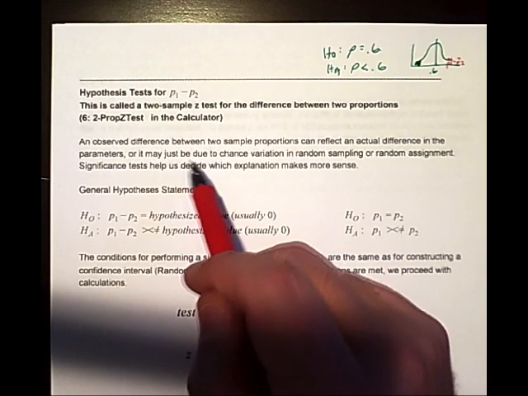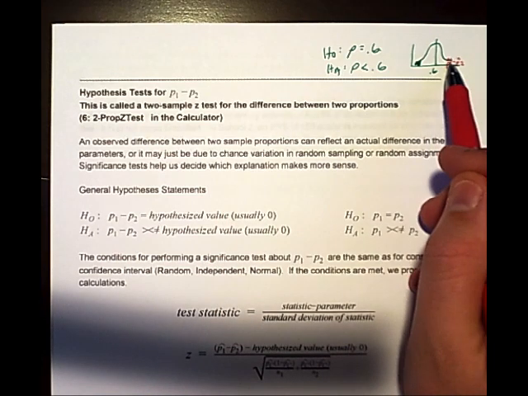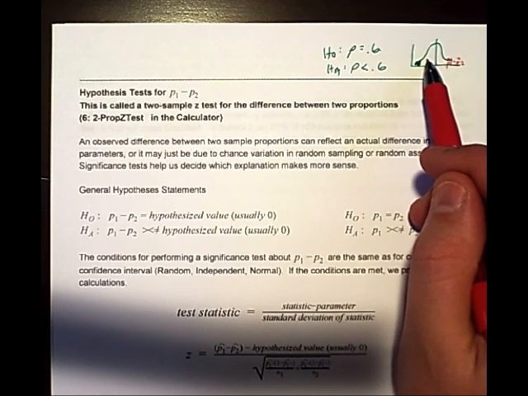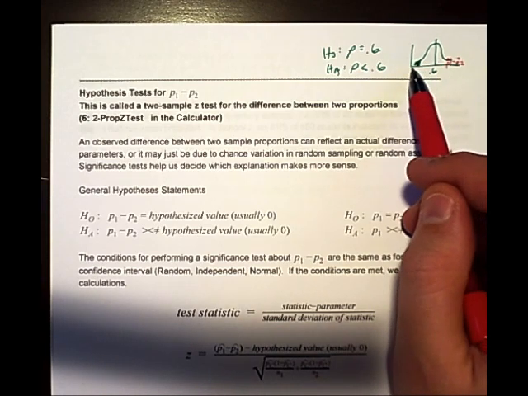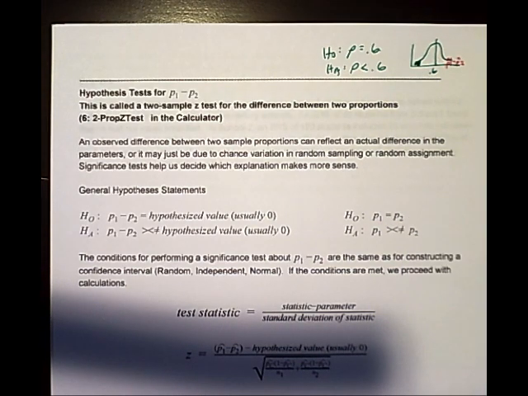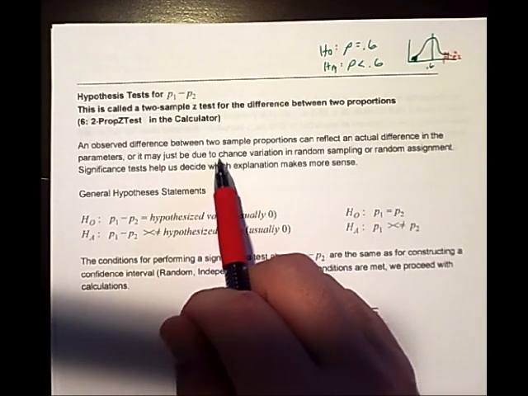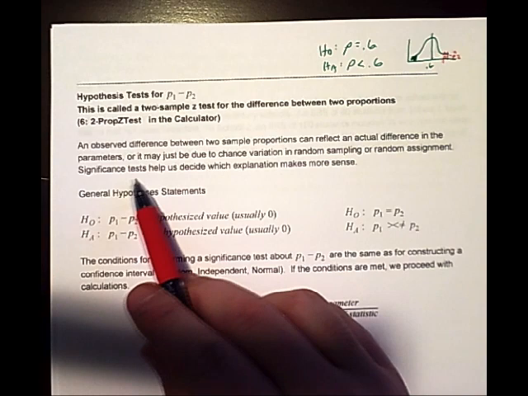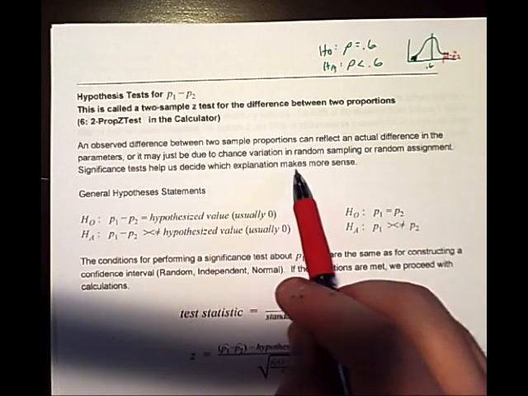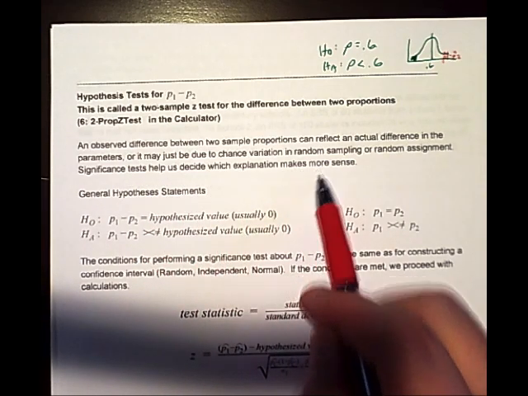Or it may just be due to chance. There's variability. Each one of these p-hat 1s minus p-hat 2s, they're variable. They go all over this curve. All right, so that's why it says, or it may just be due to chance variation in random sampling or random assignment. Significance tests help us decide which explanation makes more sense.